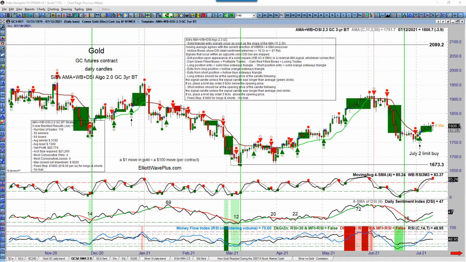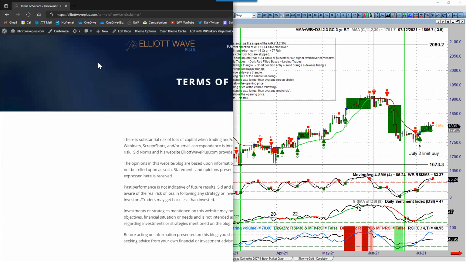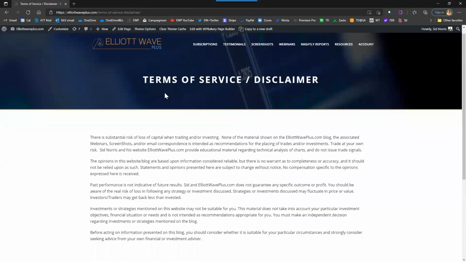Just to show you very quickly, as a subscriber to our service, when you log in, I'm logged in right now, a number of these headings show up. And if you're a premium plan subscriber, you get a nightly report, and we send out an email that generally hits your email inbox shortly after 6 p.m. Central Time each night.